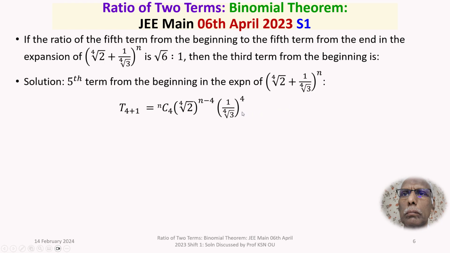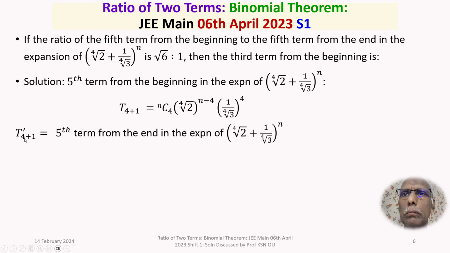You remember the formula for T r plus 1, not n plus 1. For r equal to 4, it will be nCr into x to the power of n minus r into a to the power r. Here x is fourth root of 2, a is 1 by fourth root of 3. Agreed.